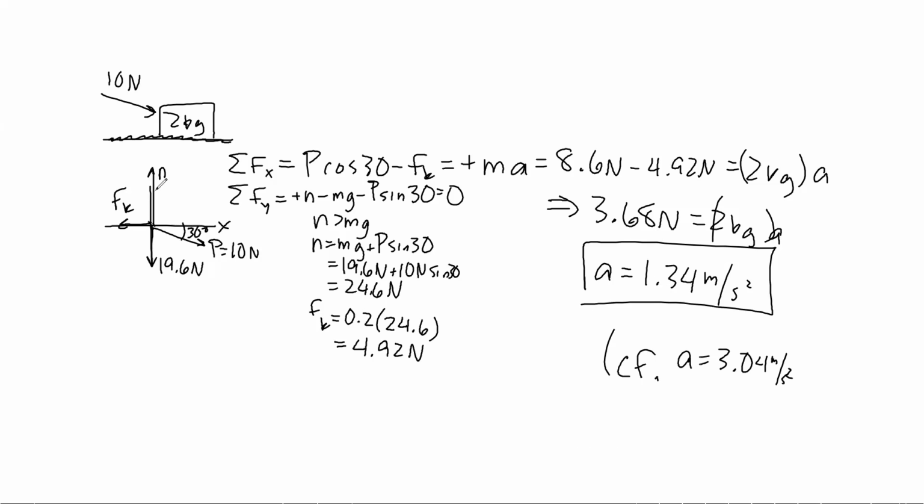It reduces it by more than half because the downward effect of the push increases the normal force. That increases the friction force. But the downward push also lowers the effective force to increase the horizontal motion. So you have a smaller force competing with a now larger friction force, and so you're left with a smaller acceleration.